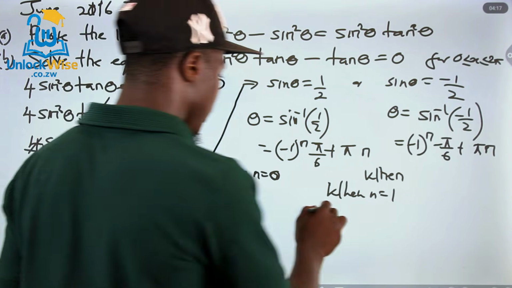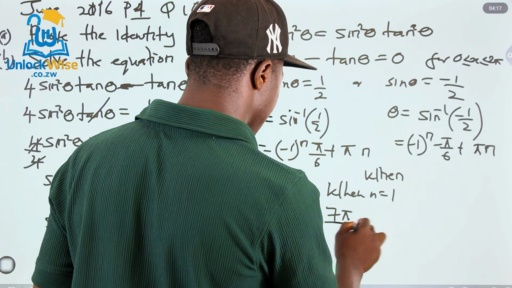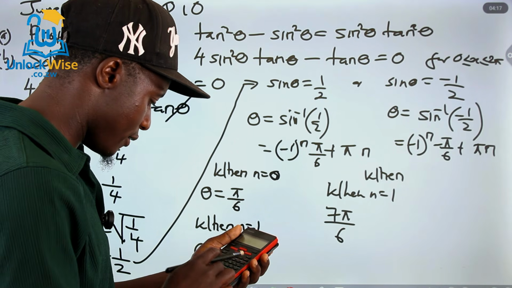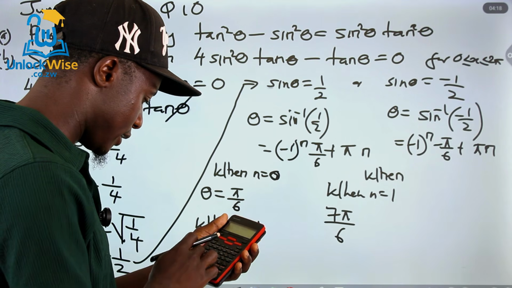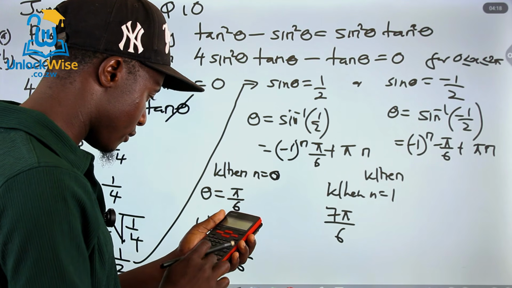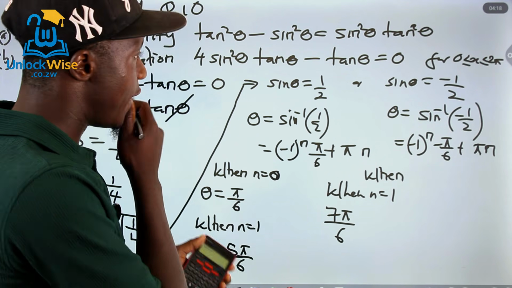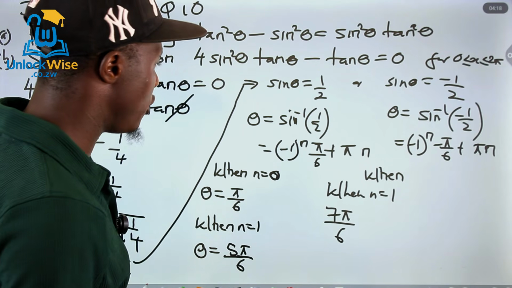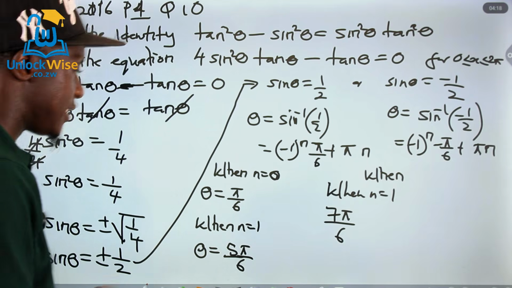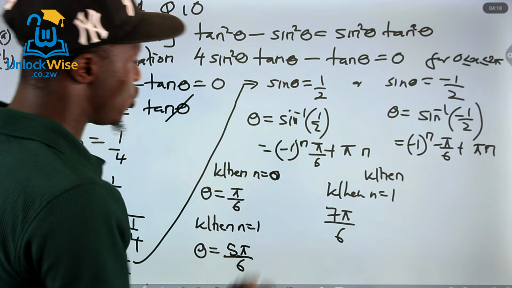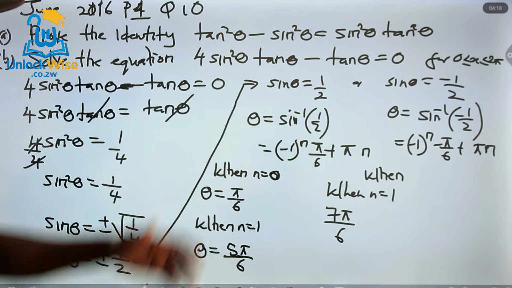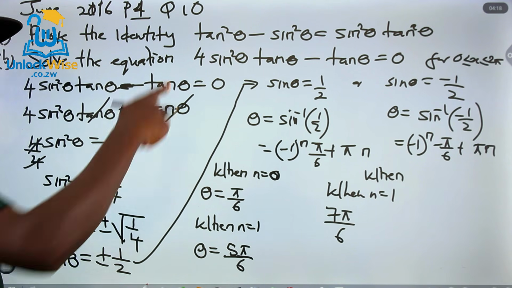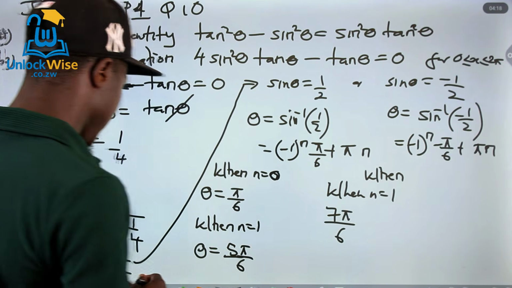Then we'll be left with 7 pi upon 6, which is true. So this will be our last value, since we are ranging from 0 less than or equal to x less than or equal to 2 pi. For any other values that you want to find, you can keep calculating. When your answer is still in the range, this will be your correct answer.